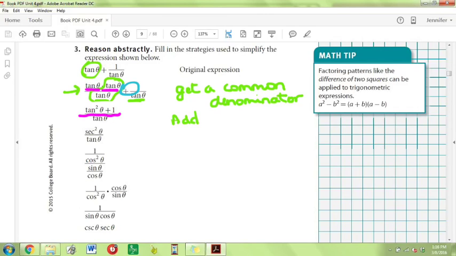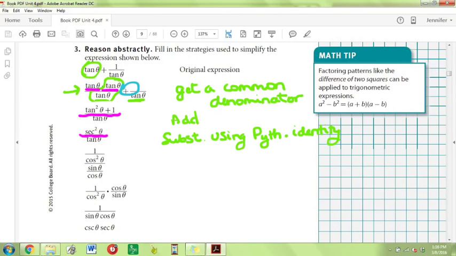And if you look at your Pythagorean identities, you'll see that tangent squared theta plus 1 equals secant squared theta. And so at this step, we just substituted using a Pythagorean identity.